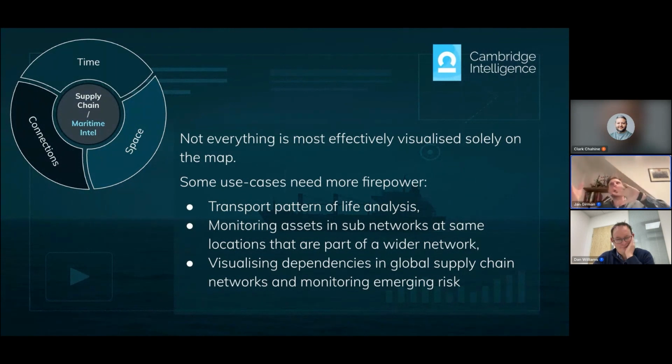Not everything is most effectively visualized exclusively on the map. You noticed how, when I wanted a very clear visualization of the beneficial ownership networks between those two vessels involved in that ship-to-ship event, while I could do that on the map, I am not in control over where many of those assets are because they are located in space. That company's headquarters is there. I can't change that.